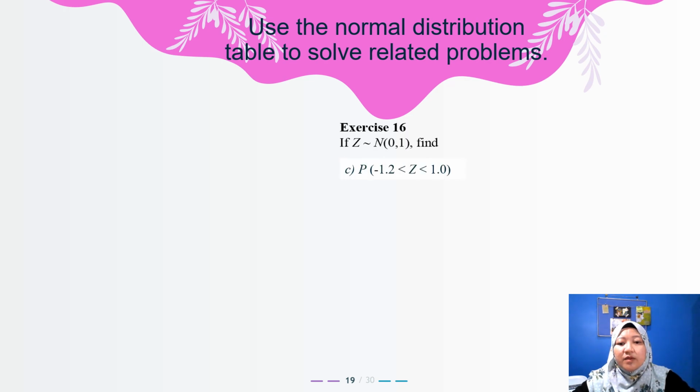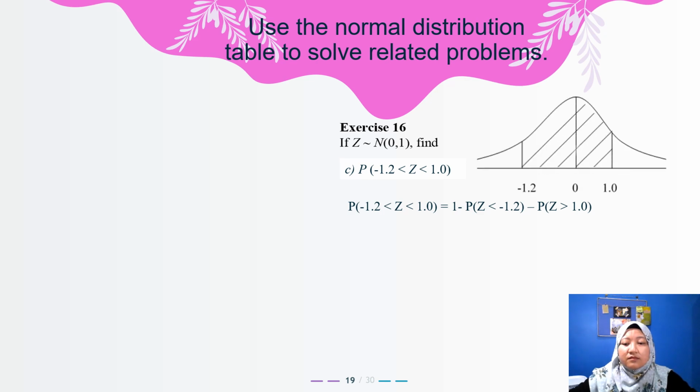C. Find the probability Z greater than negative 1.2 less than 1.0. Okay, draw the bell shape. Okay, tandakan ya di mana negative 1.2 and 1. So dekat sini kita ada different area. Okay, nampak dekat sini. So untuk dapatkan kawasan yang berlorek ni, kita perlu buang kawasan yang tidak berlorek ni.